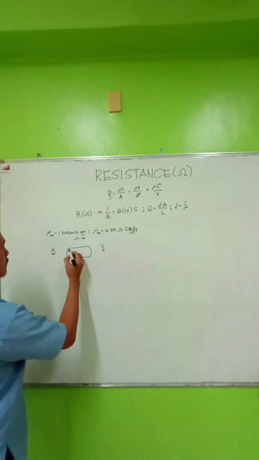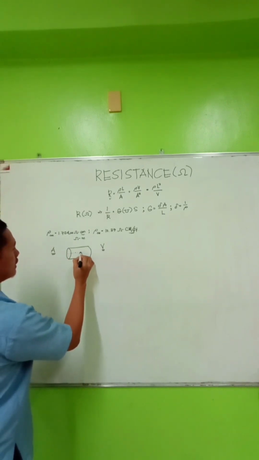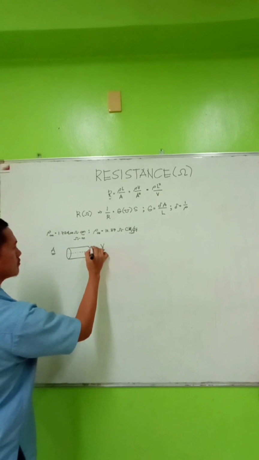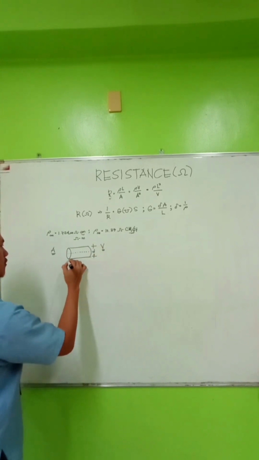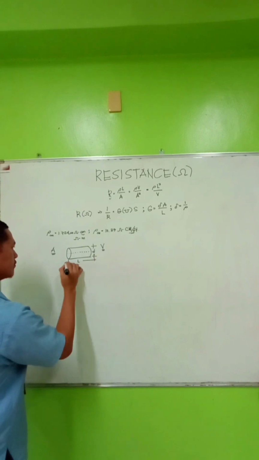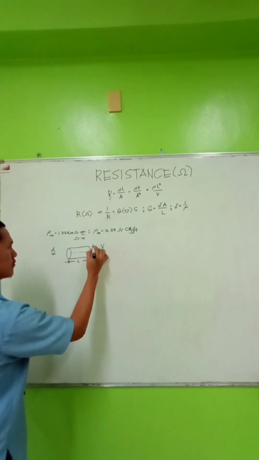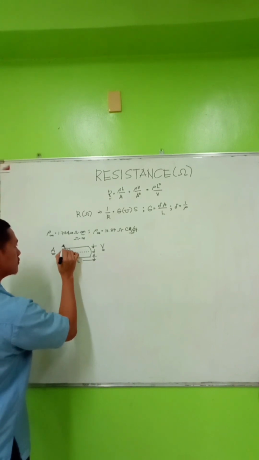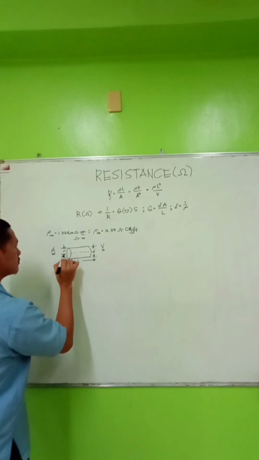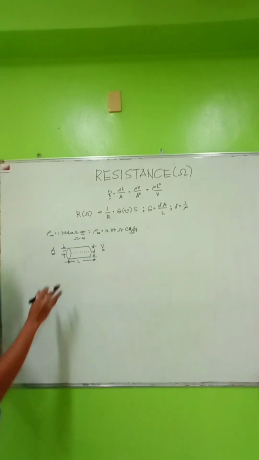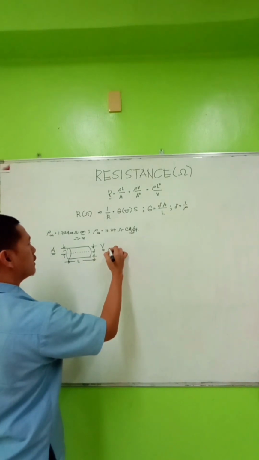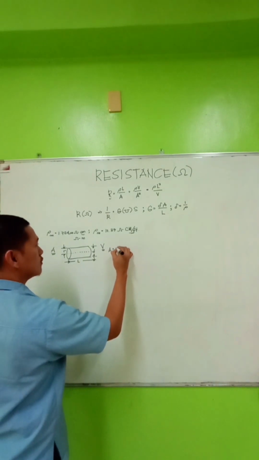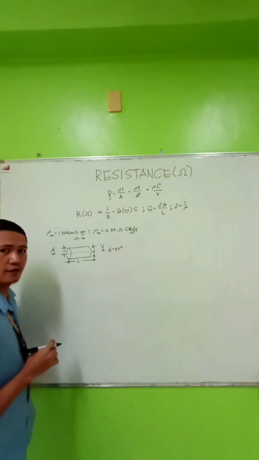Okay, so if this is a cylindrical shape conductor, we have a diameter here, right? And you have a length. And you have a radius here. Okay, start with the cylindrical conductor. We all know that the formula for the cross-sectional area of a cylindrical conductor is pi r squared.